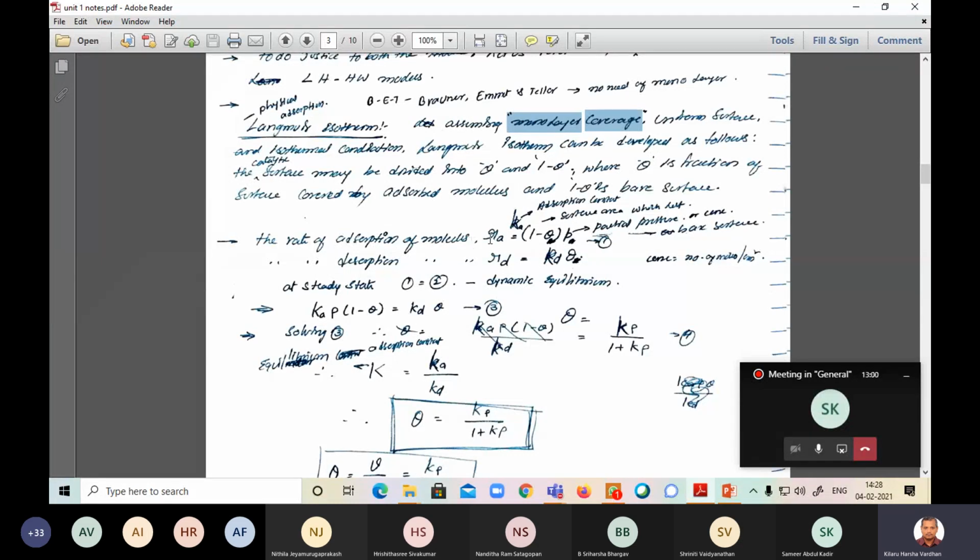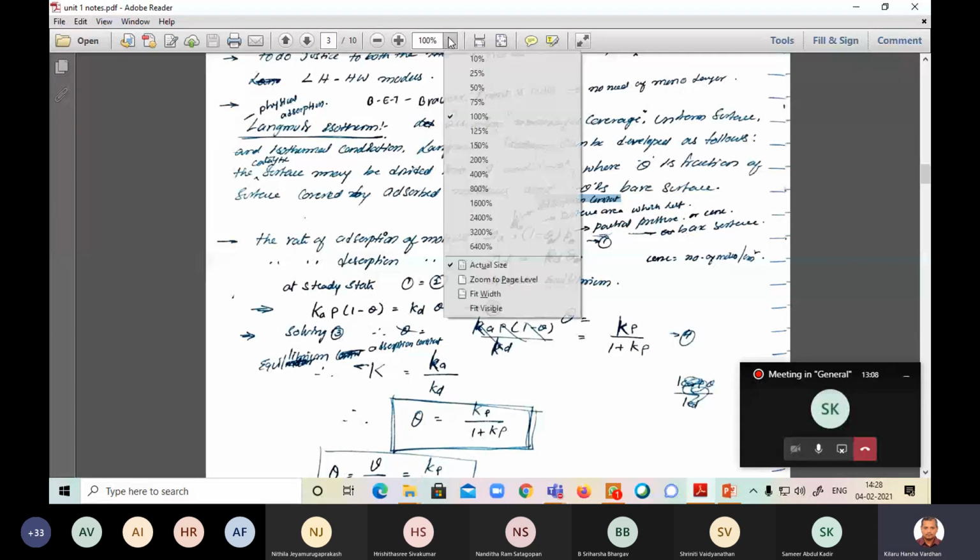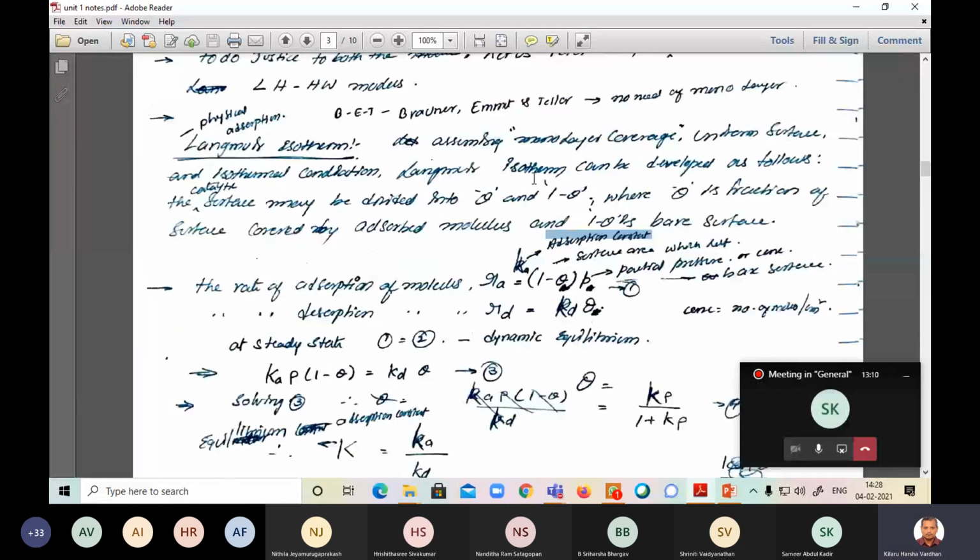It will be written as Ra is equal to Ka, that is the adsorption constant we call, into 1 minus theta, which is nothing but the surface which is left, or the bare surface, into P. P is nothing but the partial pressure or concentration.